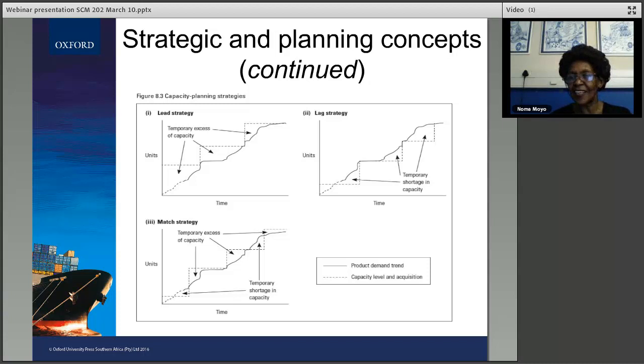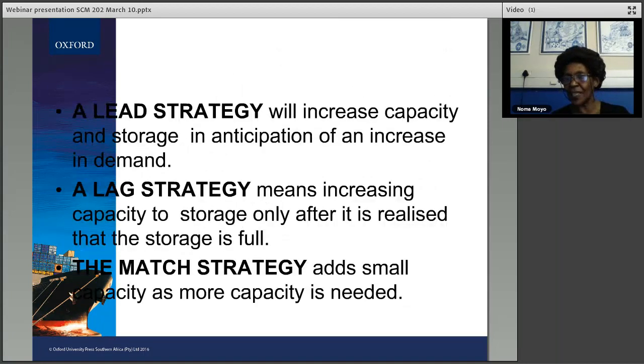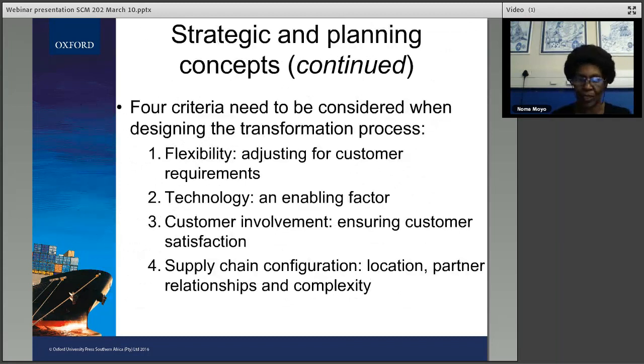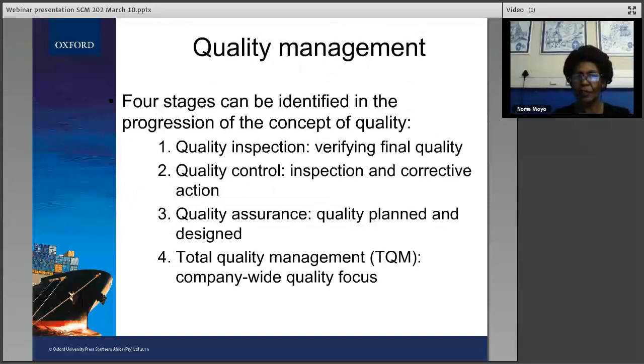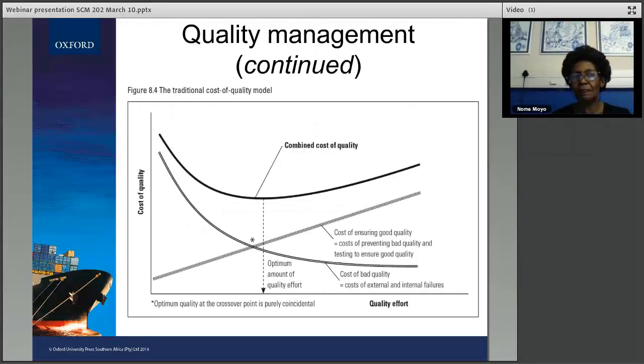Lead strategy is when you are planning in advance for capacity. Lag, you only react to capacity increase. Match, you try and match: as the demand goes up, you also increase your capacity. I'm not going to talk about this because I've already explained them.